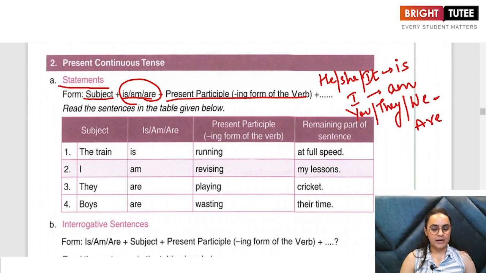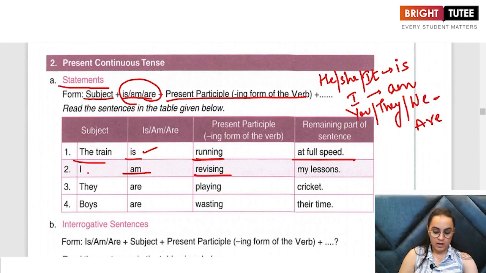For example, let us look at the table given below. The train is running at full speed. Now, my subject is the train, which is singular. That is why is is used, plus the ing form of the verb. I am revising my lessons.